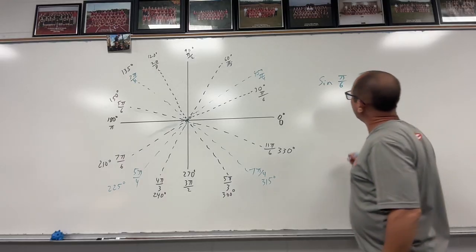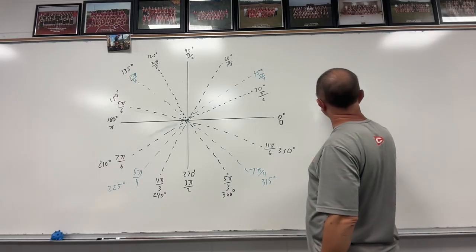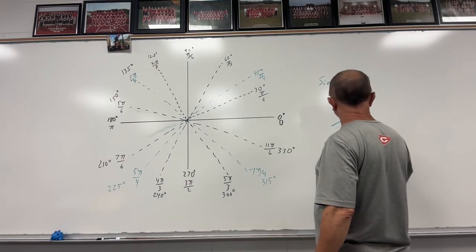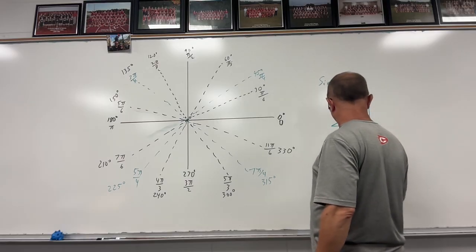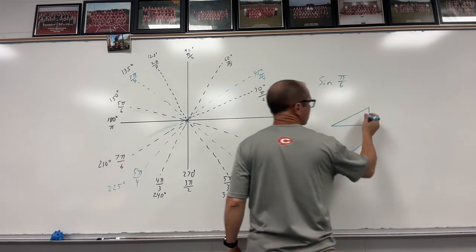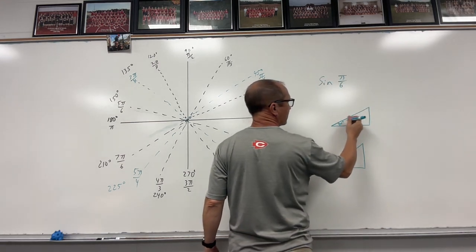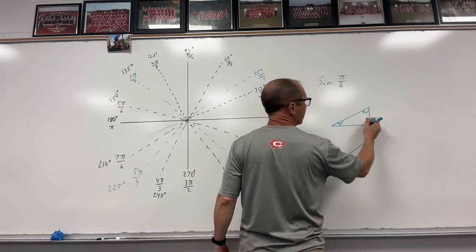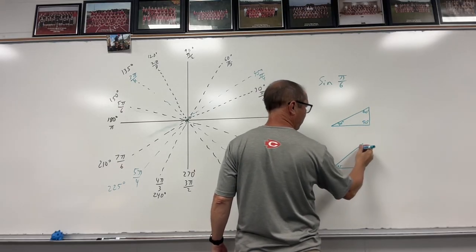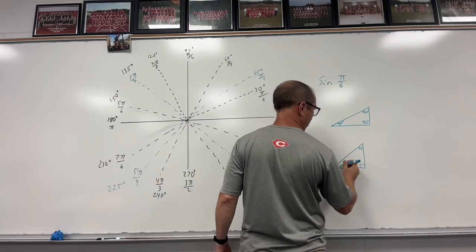Well, if you think about it, you've got 2 special right triangles. You've got your 30, 60, 90 triangle, and then you have your 45, 45, 90 triangle.